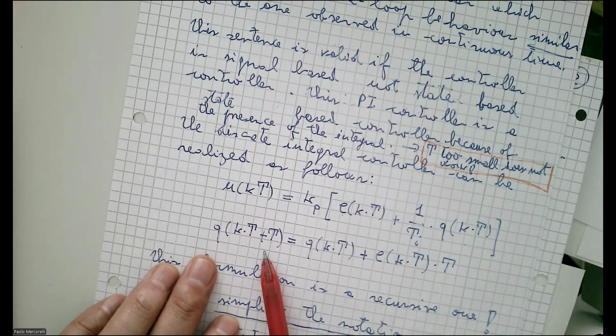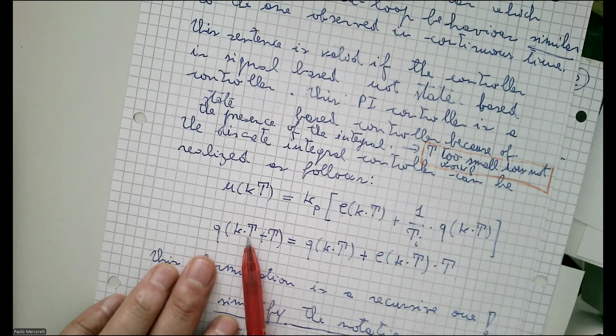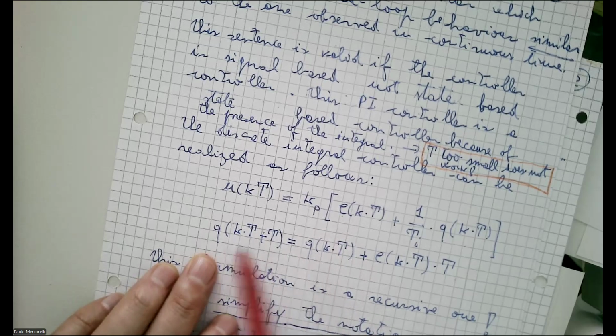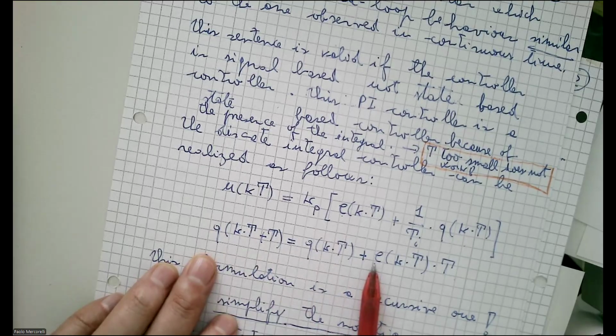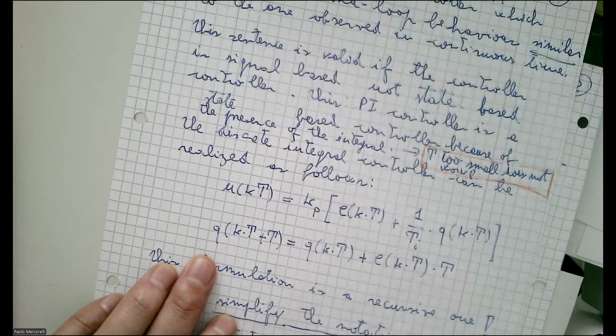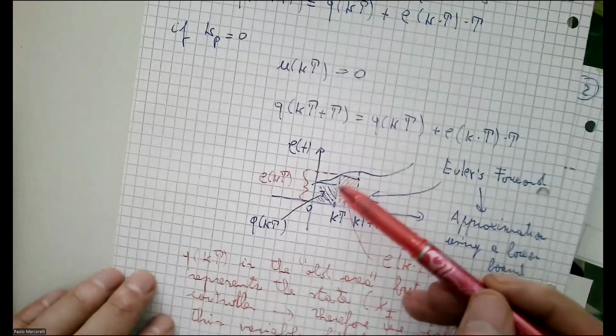Q at time k plus 1, everything multiplied by T. I can put in evidence here T, no? Basically, the step after k equals the step of k, Q is the state, plus the new contribution, a new area. Again, this is the past area. This is the new one. If you look at the picture, we can understand intuitively without many words.